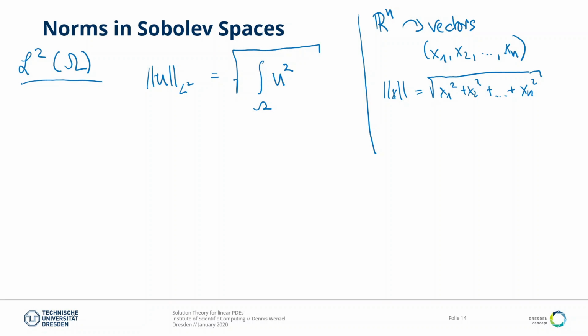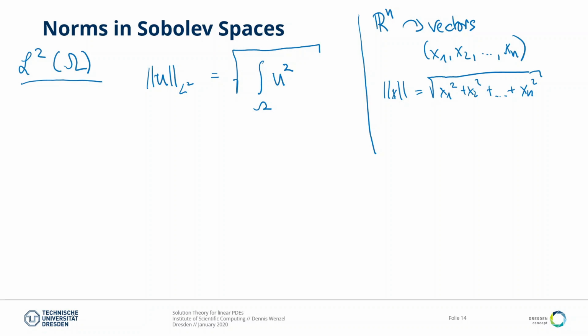If you think about it, an integral is also some kind of summation, a sum over all points in the domain. So if you think about u as a vector with infinitely many components, one for each point in the domain omega, then this is the direct transfer of the standard norm in Rn.